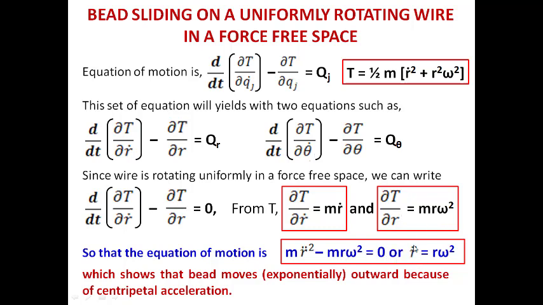Otherwise, r double prime equals r omega square. This represents that the bead moves exponentially outward because of centripetal acceleration. So this is the second application of Lagrange's equation to find the solution for the movement of the bead.